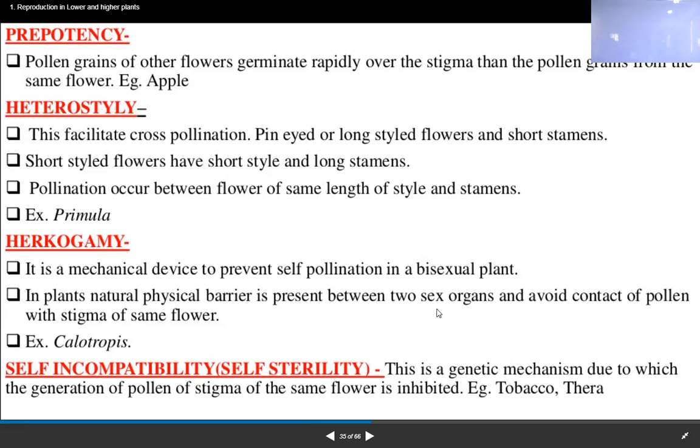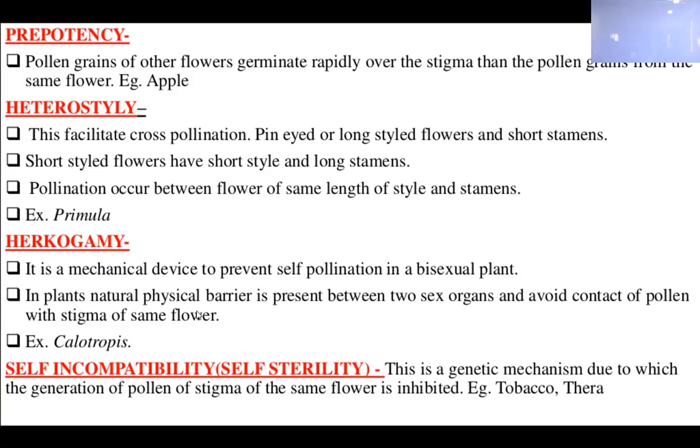That means we have some physical barriers to prevent self-pollination. In plants, there are some natural physical barriers present between two sex organs. Two sex organs means what? Sejal, here we are going to consider the stamen and the carpel. That means pollen grains and the stigma, and avoid contact of pollen with stigma of the same flower.